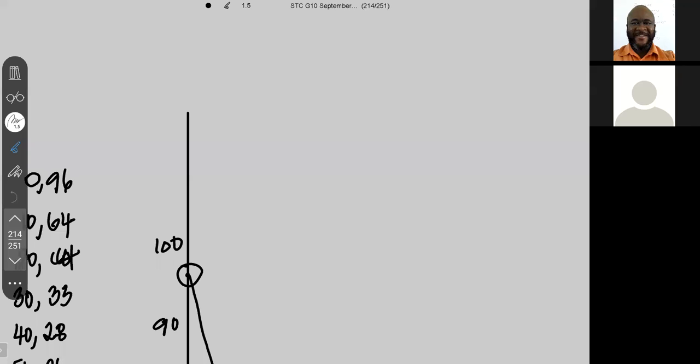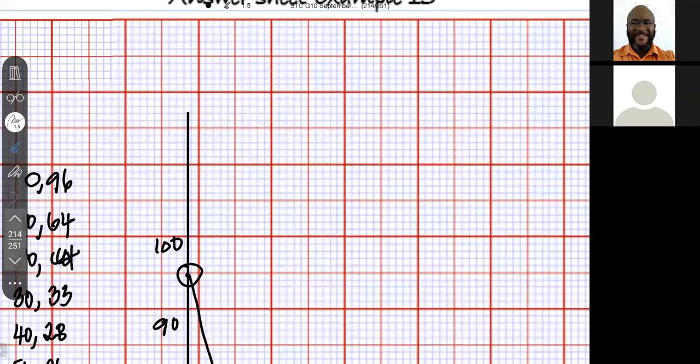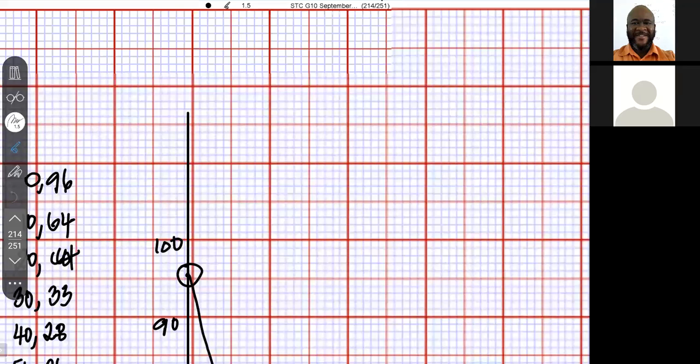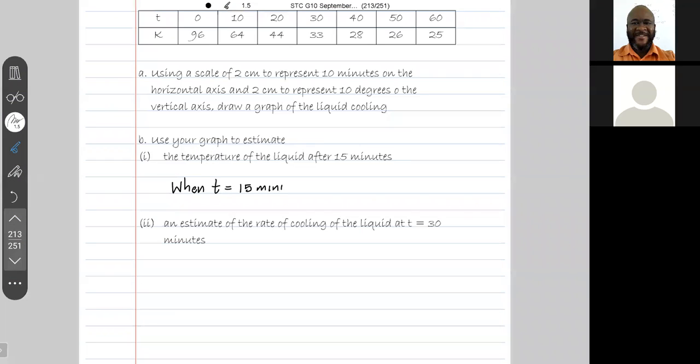I would say when T is equal to 15 minutes, the temperature K is equal to 51.5 degrees. Your answer might not be exactly like mine, but it should be relatively close to mine. So after 15 minutes, the temperature fell to 51.5 degrees.